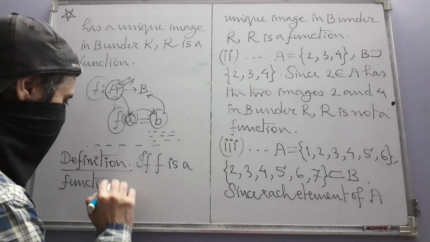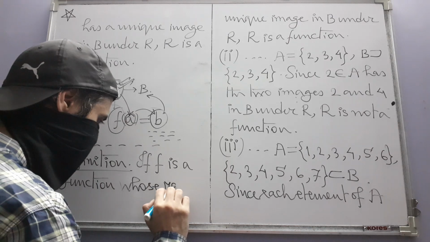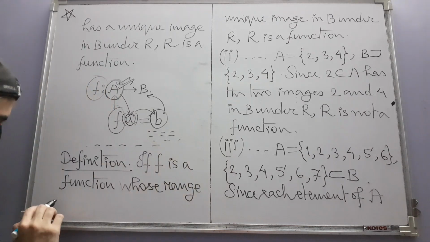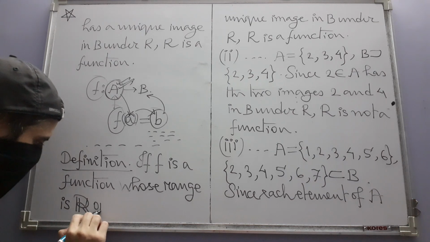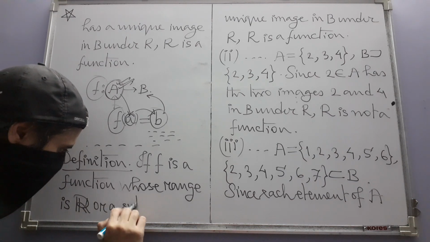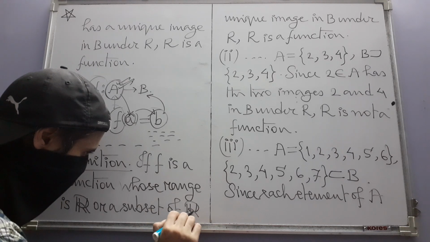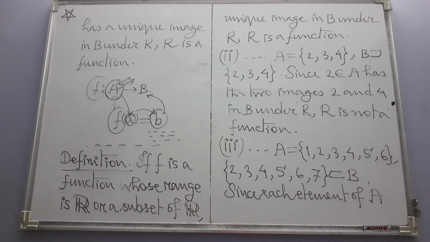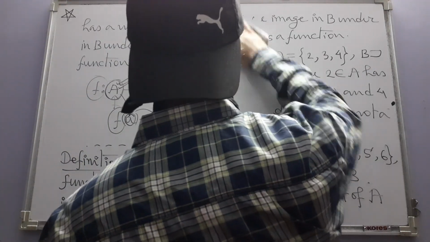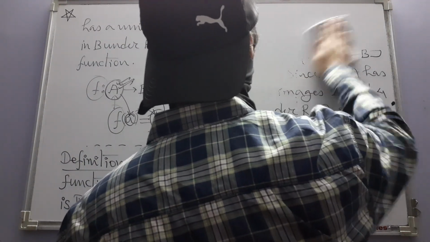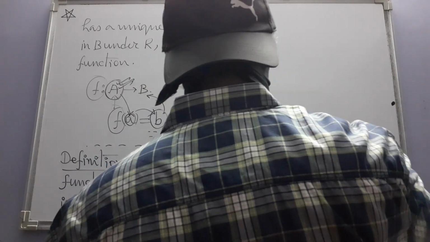If f is a function whose range is the set of real numbers or a subset of R, then such functions are called real valued functions. That is, functions whose values, or the outputs they give, are real numbers.